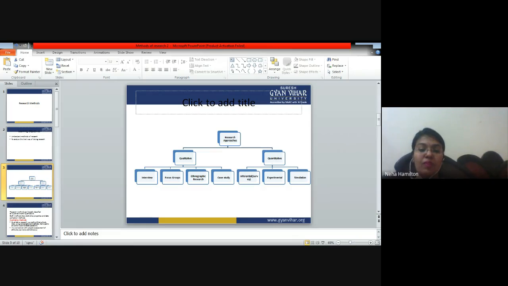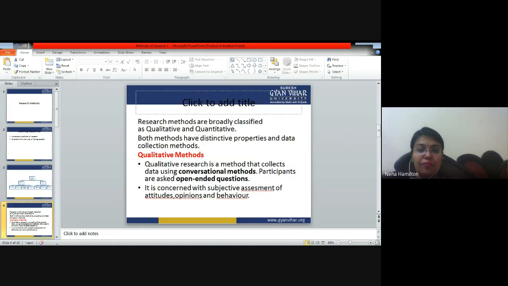Now let's move on to the next slide. The same description is written: research methods are broadly classified into qualitative methods and quantitative methods. Both methods have distinctive properties and data collection methods.